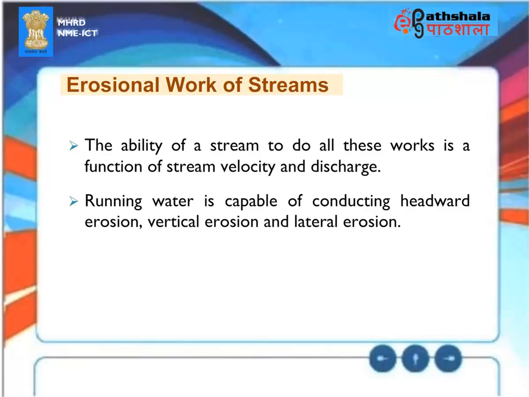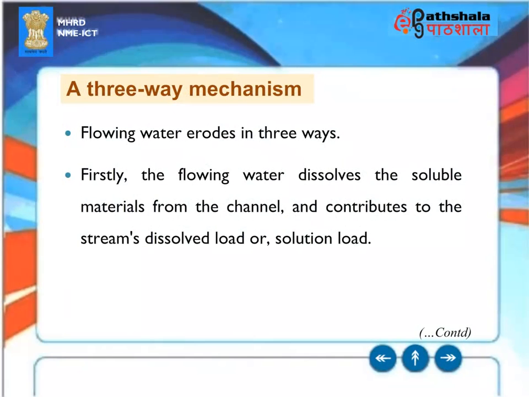Running water is capable of conducting headward erosion, vertical erosion, and lateral erosion. A three-way mechanism: flowing water erodes in three ways. Firstly, the flowing water dissolves the soluble materials from the channel and contributes to the stream's dissolved load, or solution load.